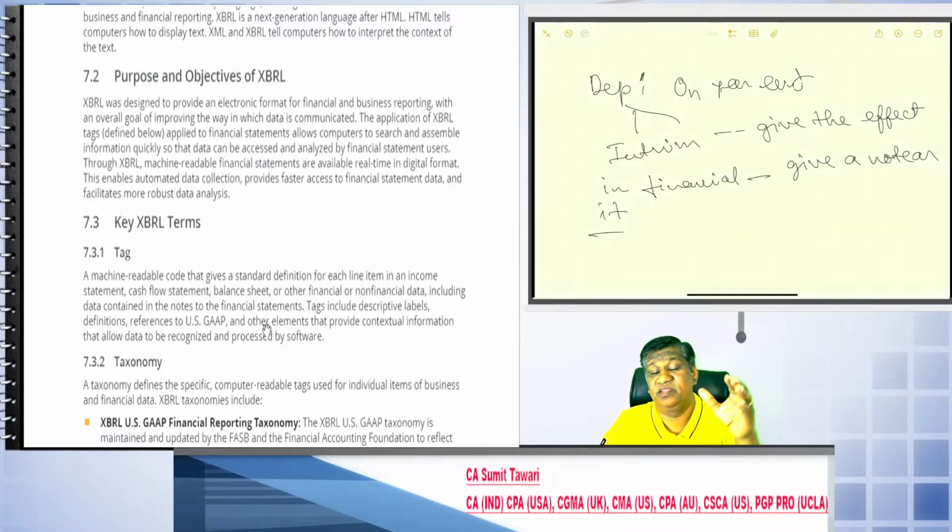Once you map the expense heads, XBRL is basically database management actually. So they prepare the financials in such a way that you can compare with other companies.